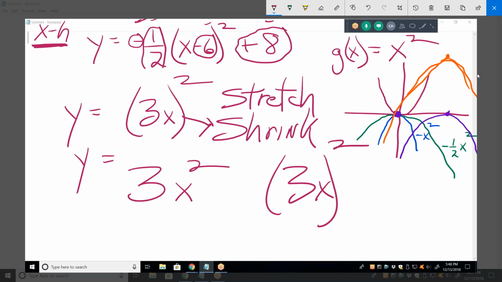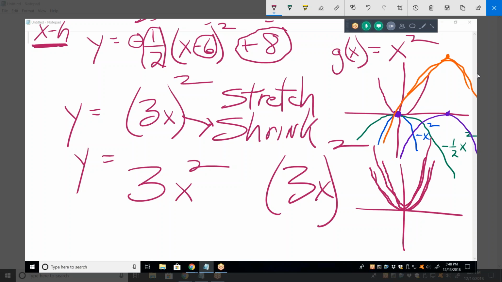Now notice that horizontal shrinks. If I take a horizontal shrink to that parabola, I turn it into that. In other words, I'm pushing on it from both sides, right? Notice that a horizontal shrink is similar to a vertical stretch. If I take the original parabola and vertically stretch it, it gets skinnier.